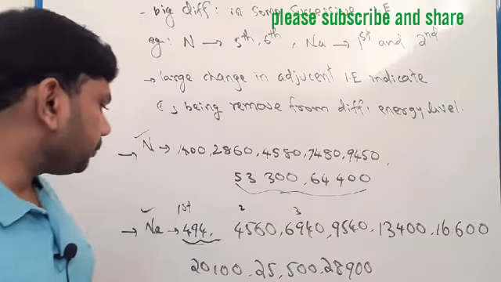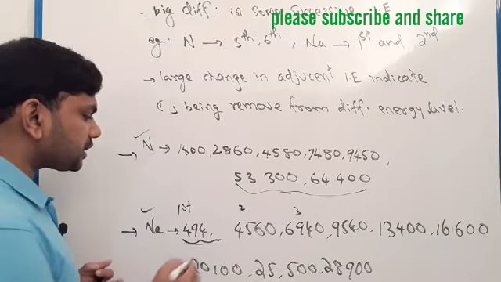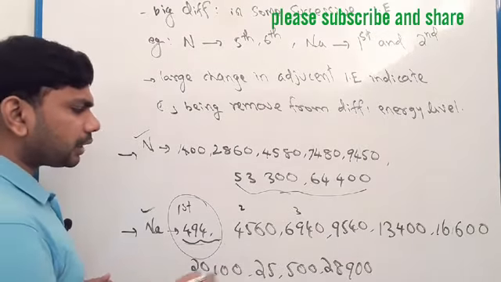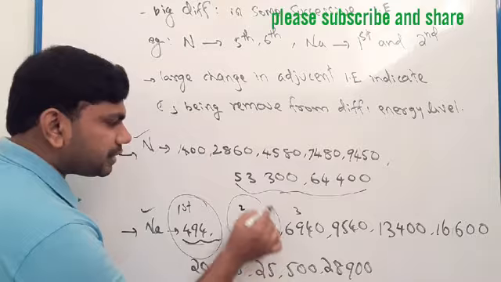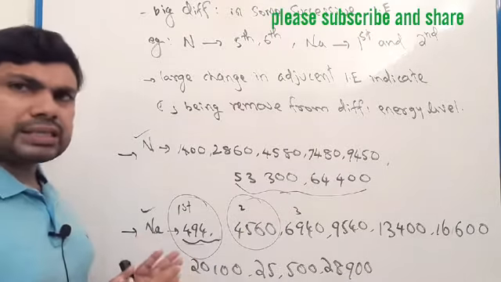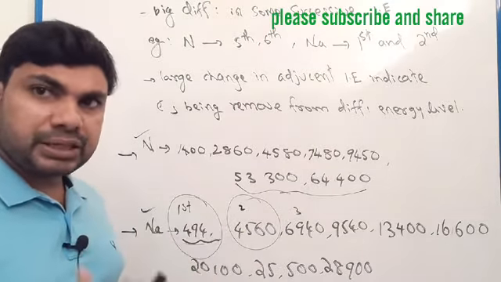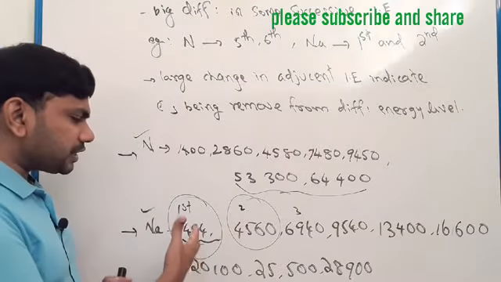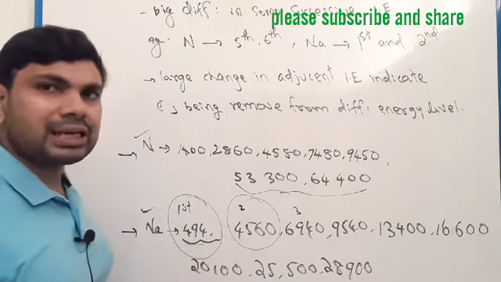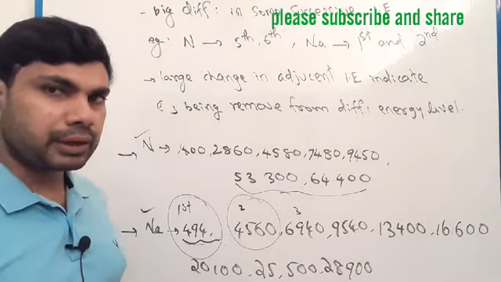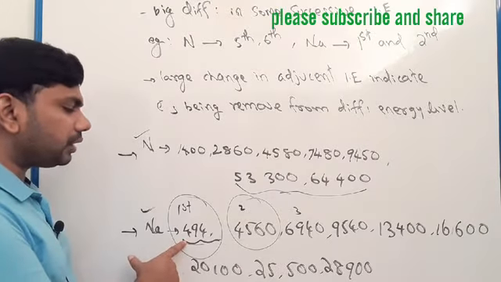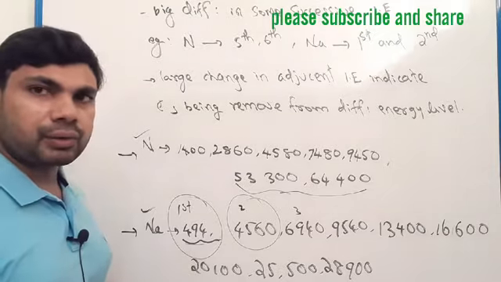Okay, so look here, in case of sodium, this is first ionization energy. Okay, and this is second ionization energy. So here you can see a big difference, a big jump in ionization energy from first ionization energy to second ionization energy. First ionization energy, it is 494.